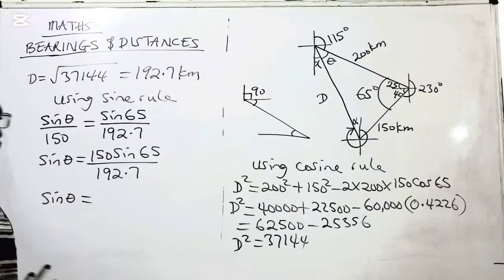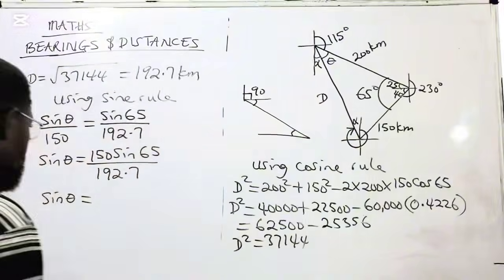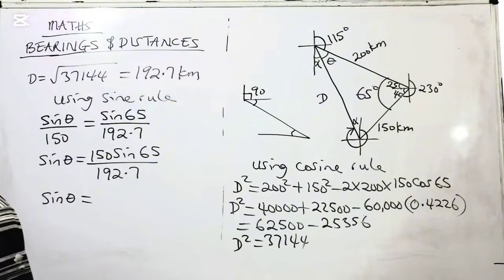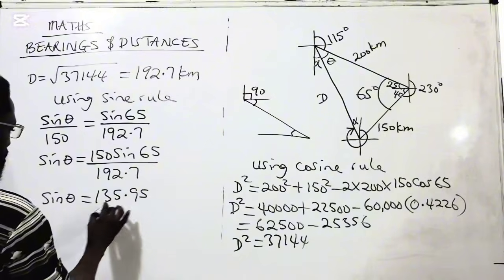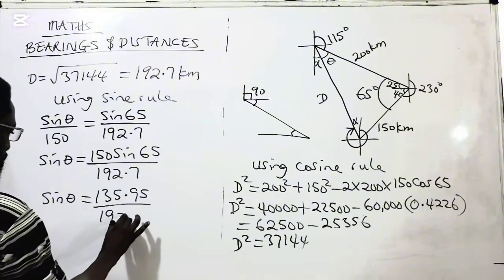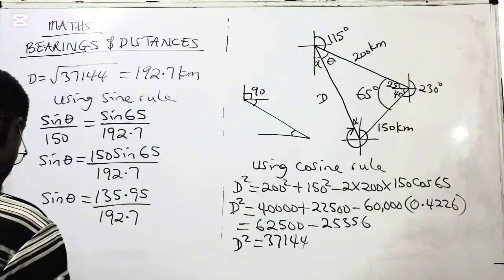So we get sine theta equal to 150 sine 65, that'll be 135.95, all over 192.7.